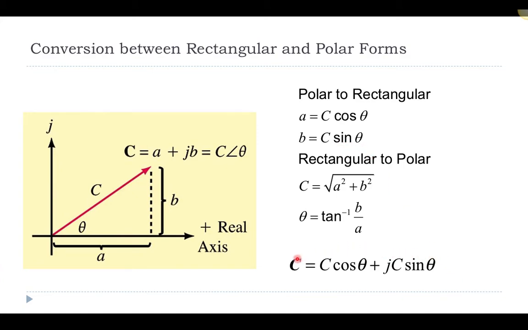So in general, I can write this complex number as the real part, which would be c times cosine of the angle, plus the imaginary part, which would be c times sine of the angle. So all complex numbers can be written in both rectangular form and polar form.